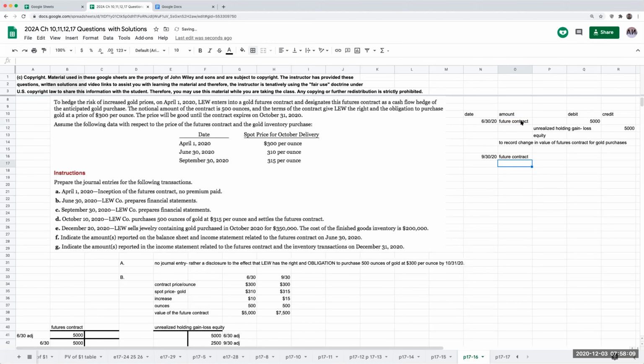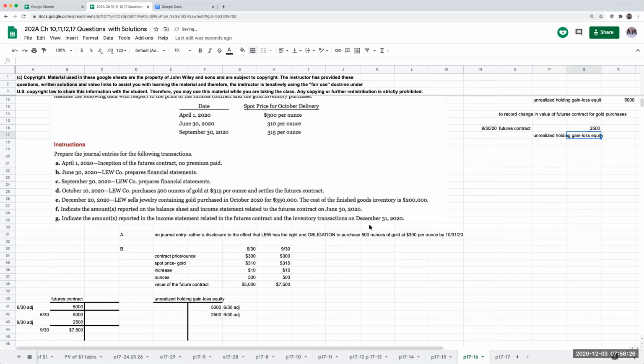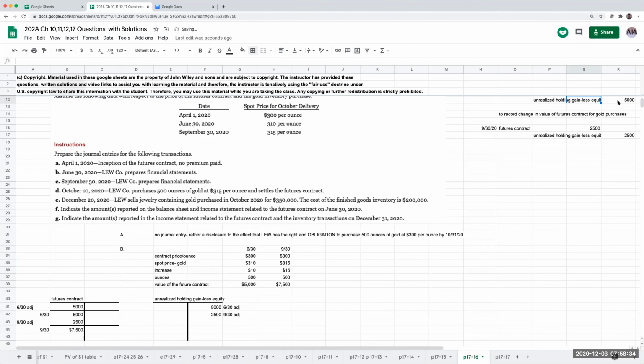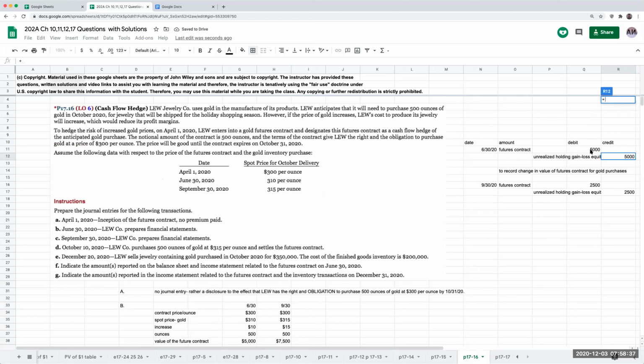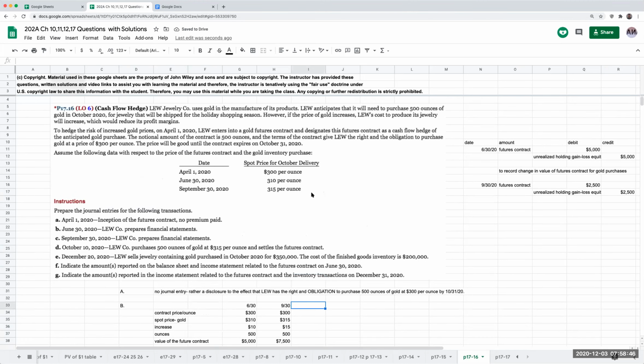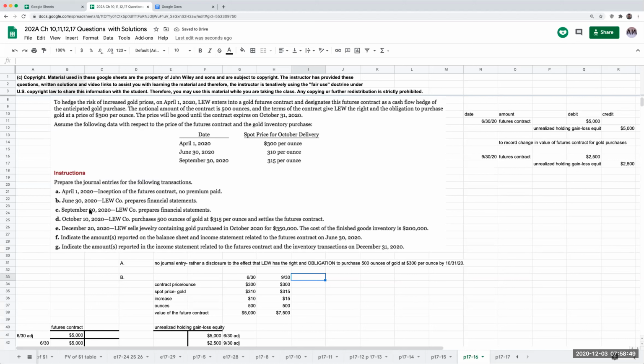I'm debiting the futures contract for 2,500, and crediting the unrealized holding gain or loss in equity. Perfect. Okay. So that's September 30th.